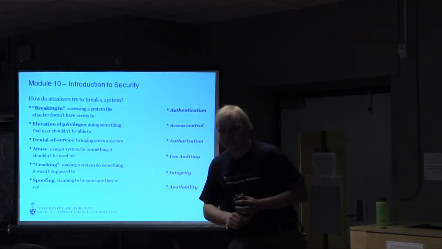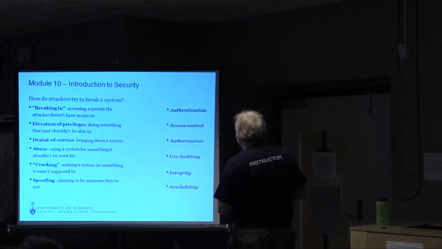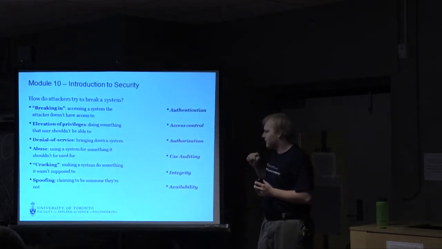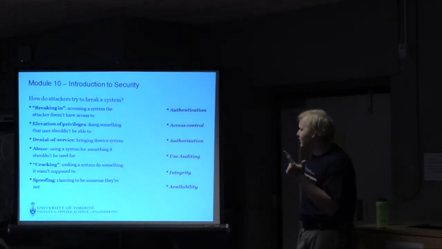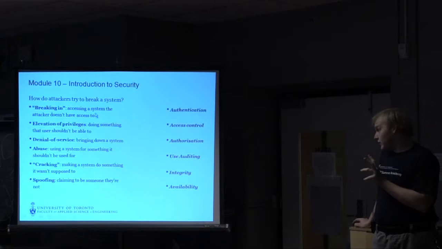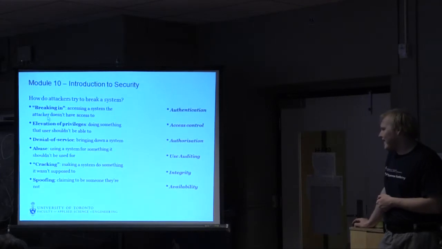Sarah? Authentication and access control? Yeah, so which one would it probably be? In terms of authentication and access control, even if, do we know who the attacker is? No. We could, right? The point is the attacker doesn't have access to the system, so it's actually access control.